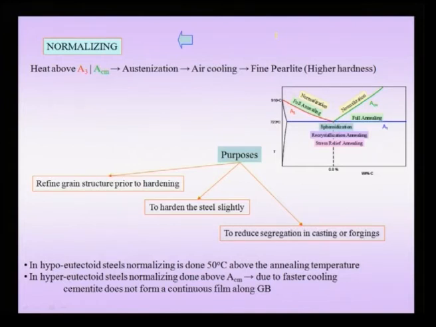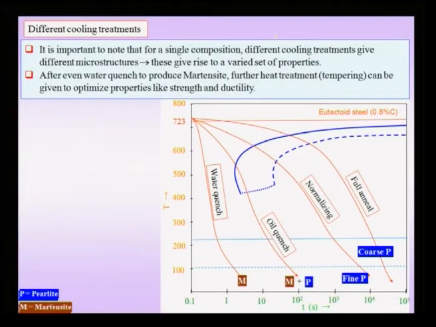Now, the next term we have already noted is what we call normalizing, and we had referred to normalizing, again like full annealing, in the TTT or CCT diagram. We had noted that normalizing is a kind of treatment in which you cool at a rate such that it intersects the pearlitic curve, and the product is typically fine pearlite, as compared to some of the other processes which involve either higher or lower cooling rates.